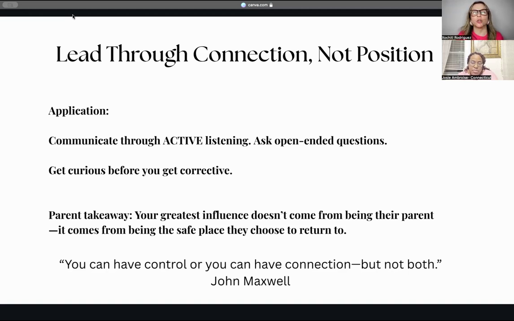I know you're full of wisdom and want to share it all: well, you should have done this, and why are you doing that? Leave that to the side. Listen without interruptions, without judgment, and without a life lesson. I'm going to repeat that again: without judgment, without interruption, and without a life lesson.